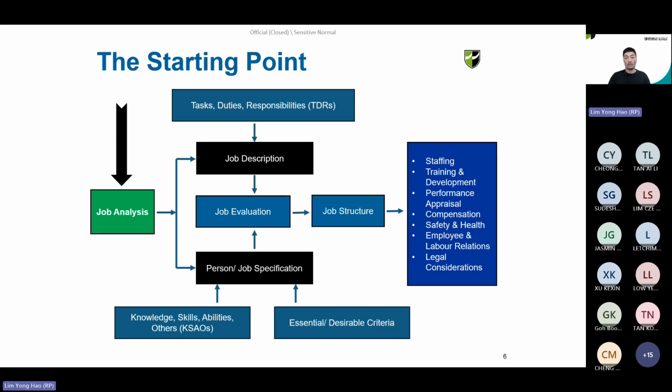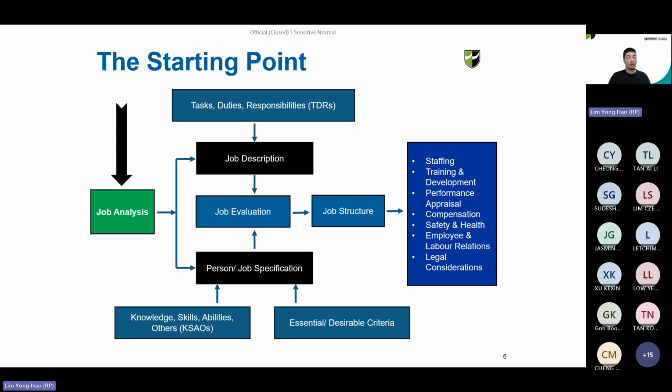So the process of converting that into a good description of what the job entails, which is the job description, will involve job analysis. The job description will then allow you to look at the job itself to see, as much as we can describe it, whether we are able to identify the different types of characteristics.